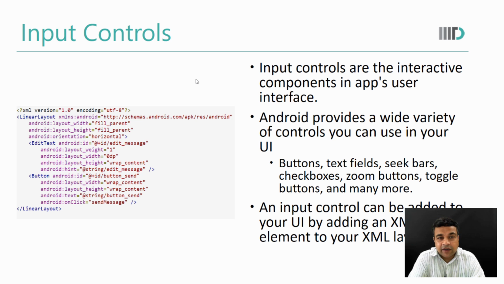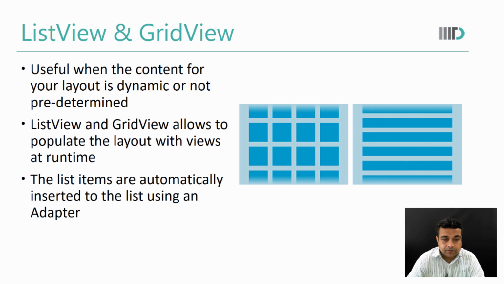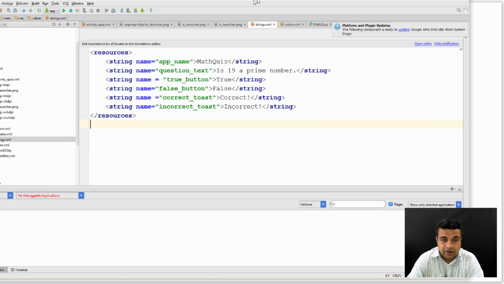Now, after the layouts, let us understand the input controls a little bit. Let us first see the application that we have developed and see how we have defined the layouts in those applications.